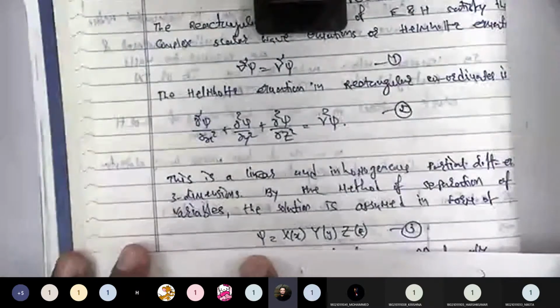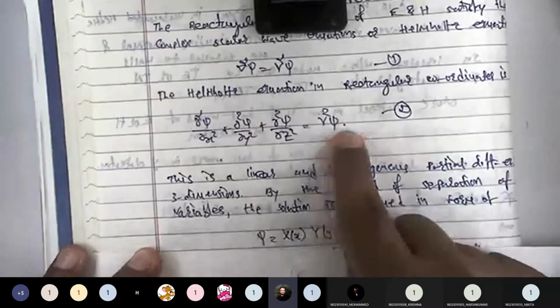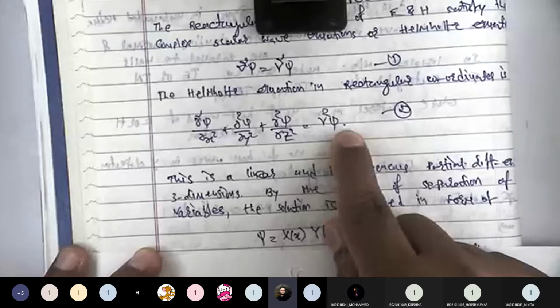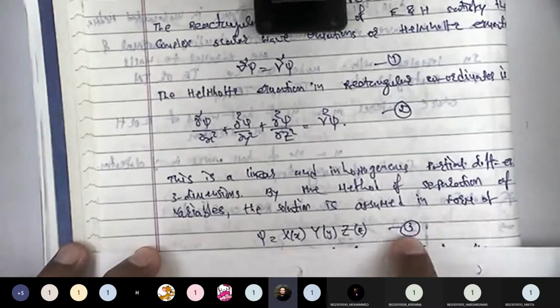This is the final solution. The solution is nothing but the psi that we are looking for, and it can have this type of form.